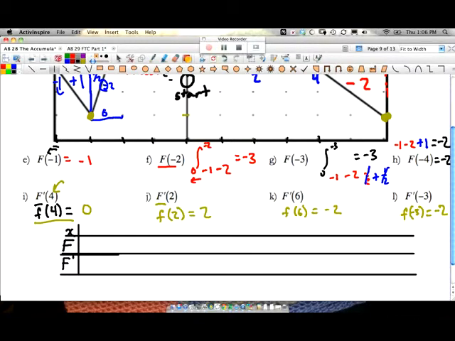Okay, so we got negative 4, negative 3, negative 2, negative 1, 0, 1, 2, 3, 4, 5, 6.